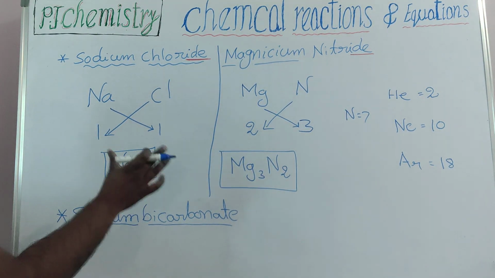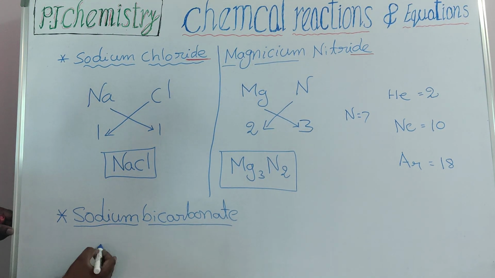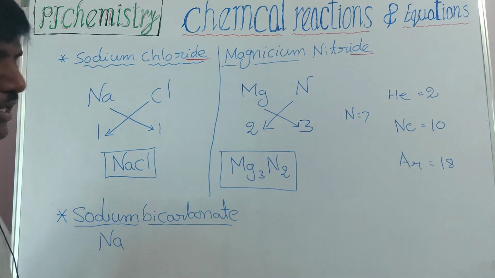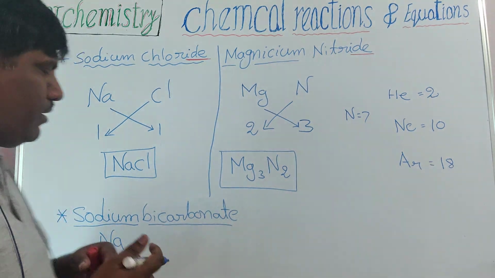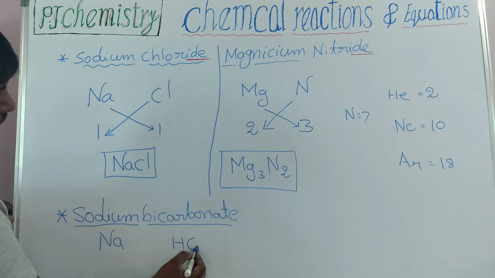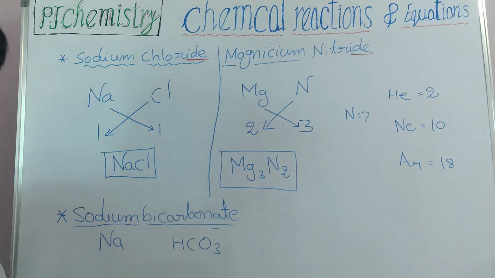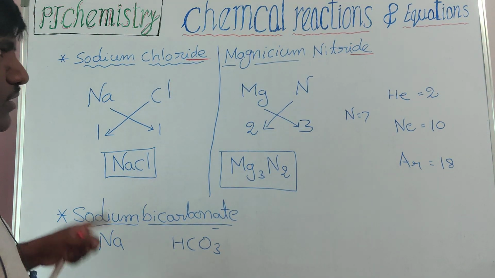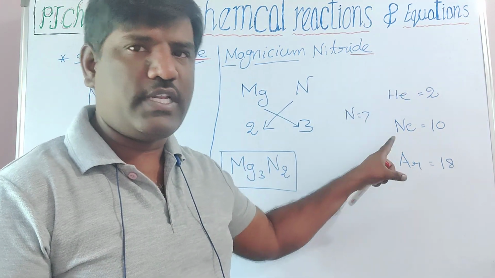Whatever is divided into 2 parts, write as symbols. Sodium symbol is Na. Bicarbonate we learned in polyatomic ions: bicarbonate ion, HCO3 minus. Minus means minus 1.